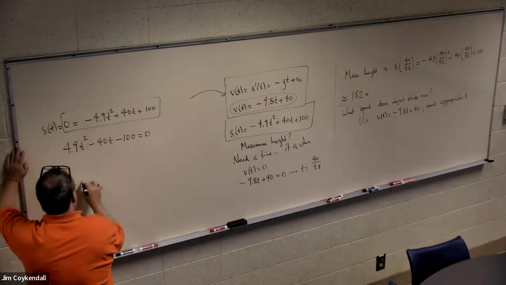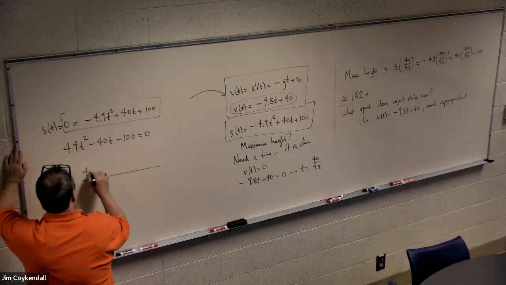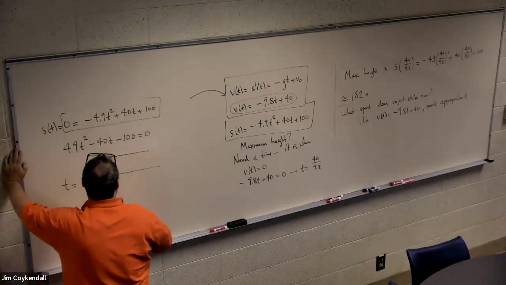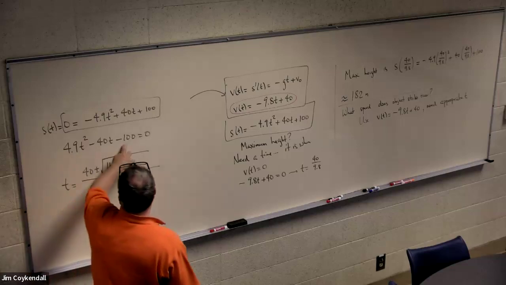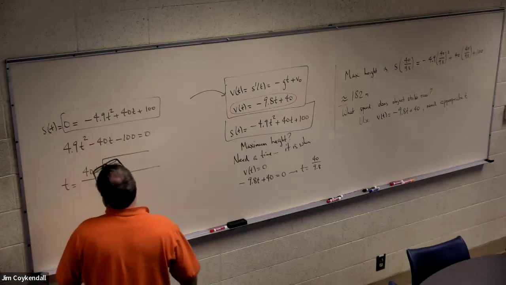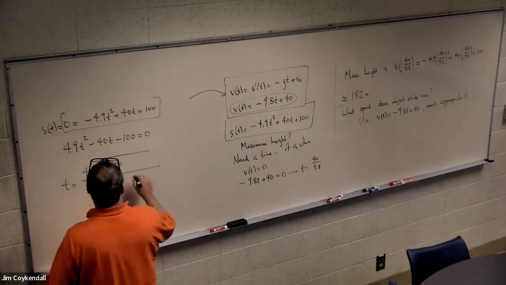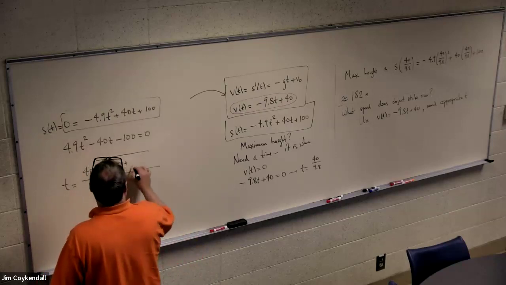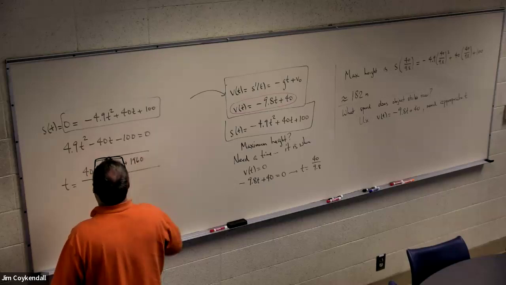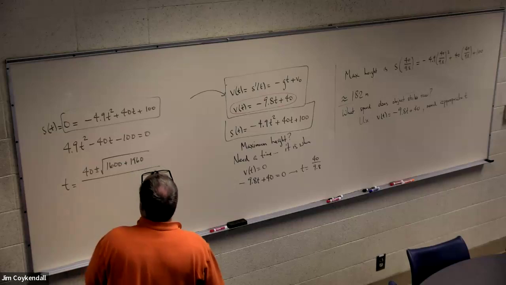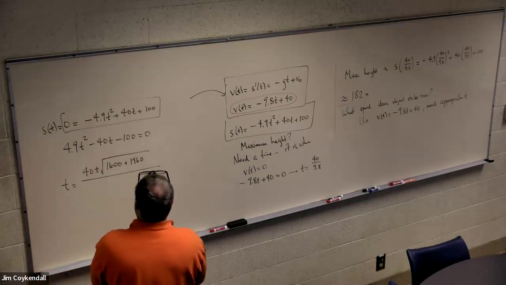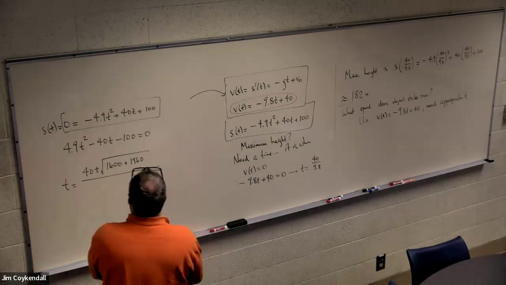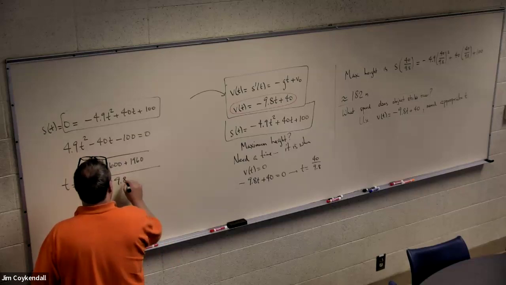Using the quadratic formula, t is equal to 40 plus or minus the square root of this squared, which is 1600, plus 400 times 4.9, over 9.8.